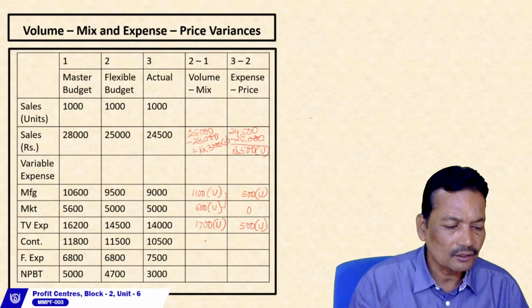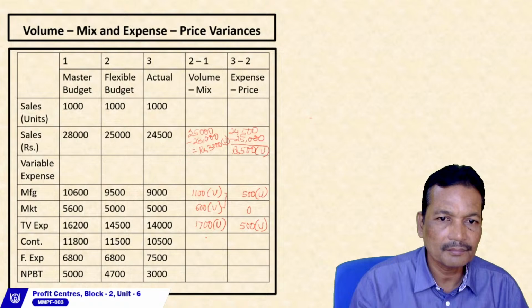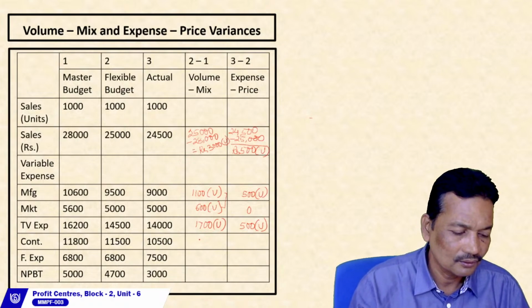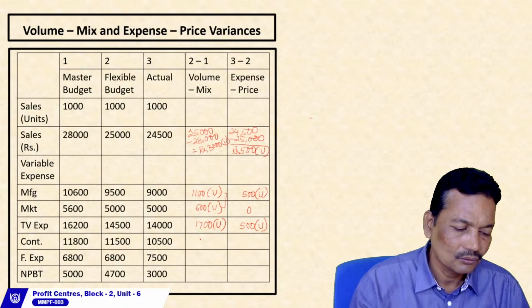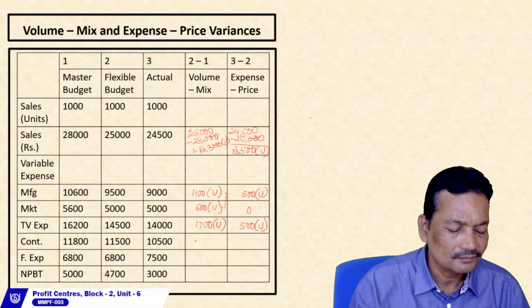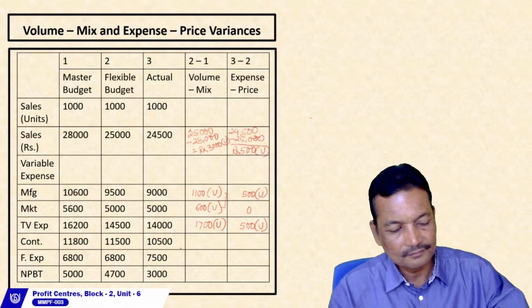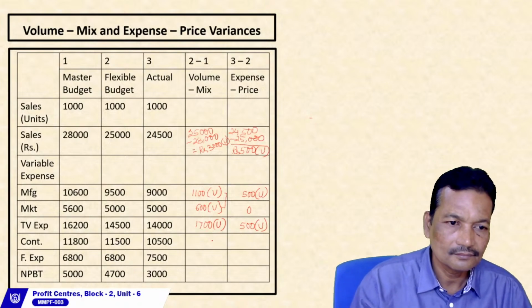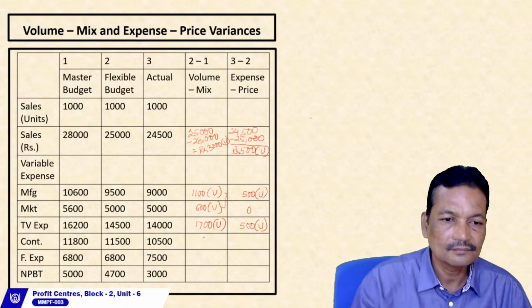Now look at the contribution part. Sales minus variable cost will be giving me the contribution 11,000.